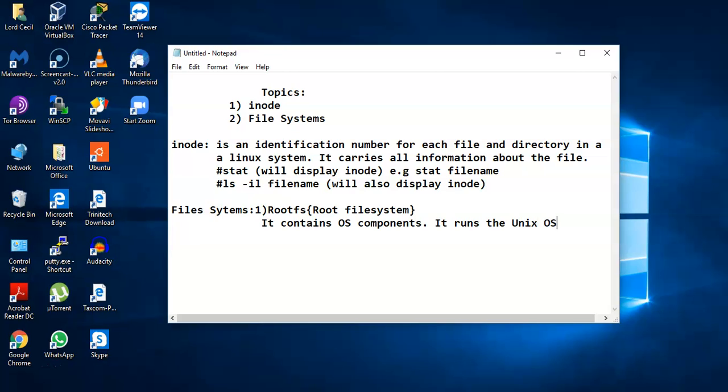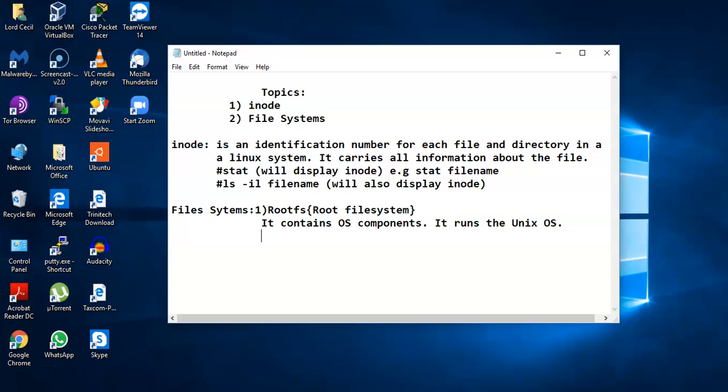So I'm going to give you file systems for Linux as well as for Unix or Solaris, which is another flavor of the Unix operating system. We spoke about it in the first class, if you remember.